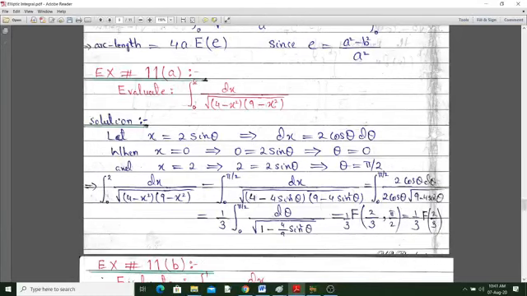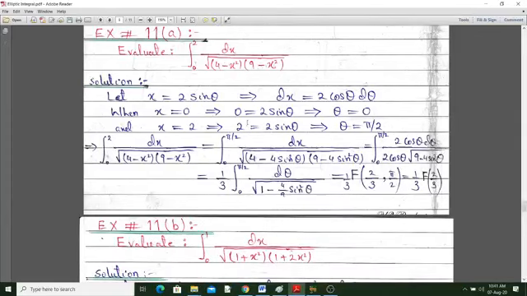So because here we have two, we consider the first factor, and from the first factor we write this transformation as x is equal to 2 sin theta, and then dx is equal to 2 cos theta d theta. When x is equal to 0 we get 0 is equal to 2 sin theta, meaning theta is equal to 0, and similarly x is equal to 2 means 2 is equal to 2 sin theta, meaning theta is equal to pi by 2.